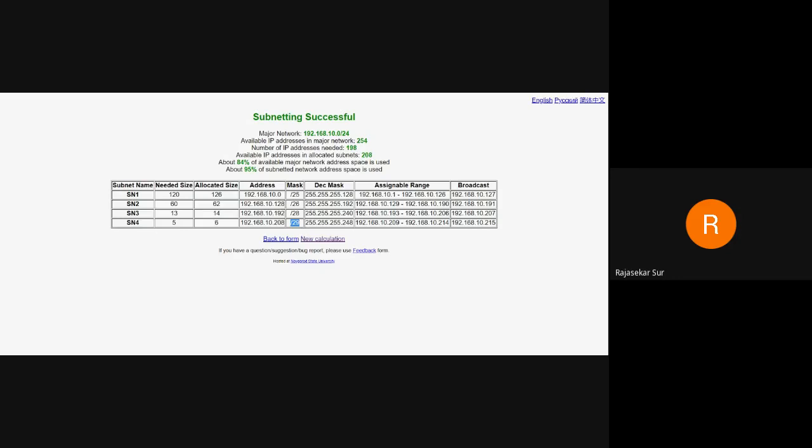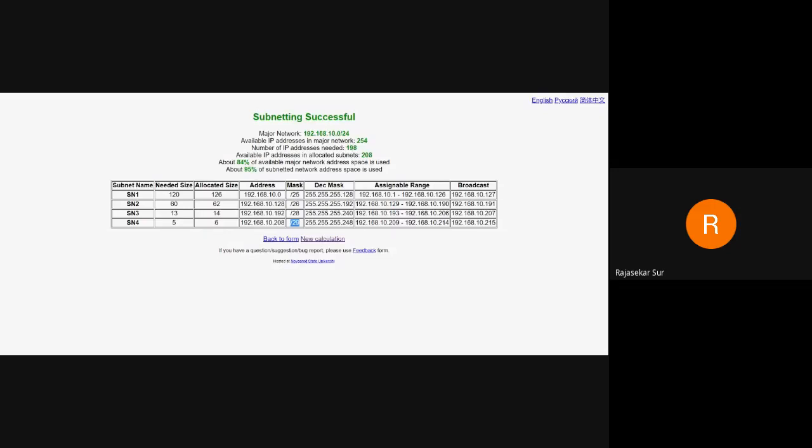But here you are getting different subnet masks. This is called variable length subnet mask.